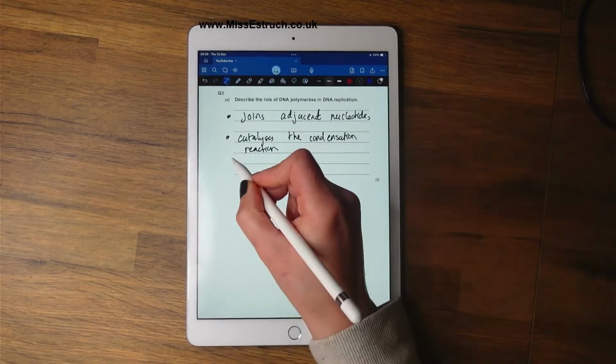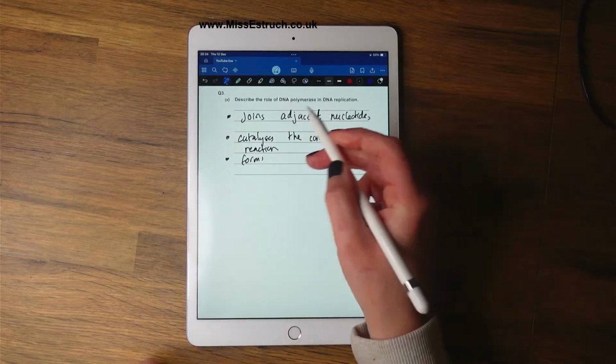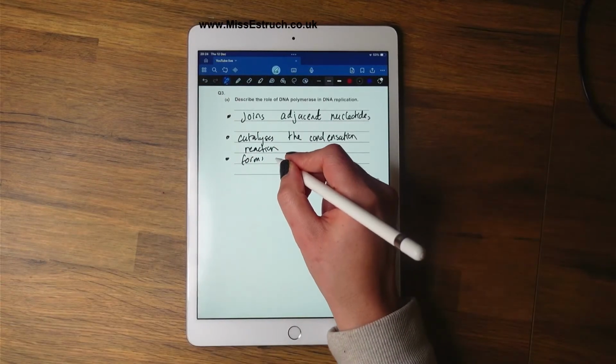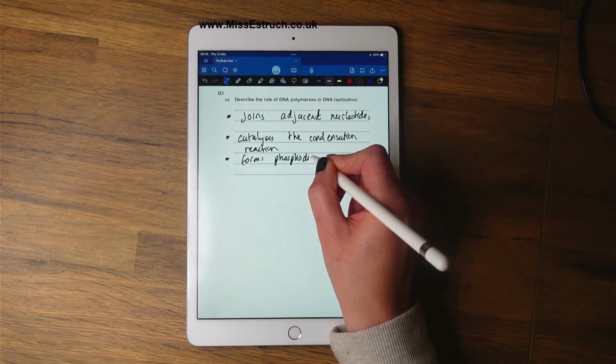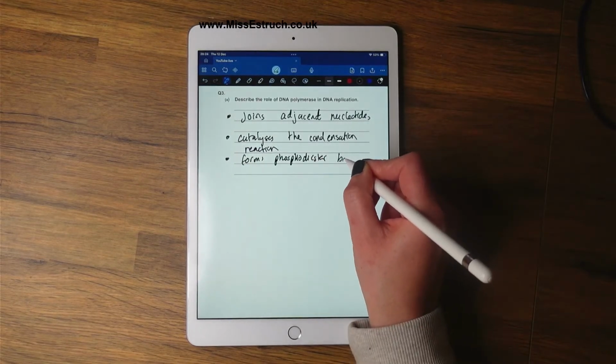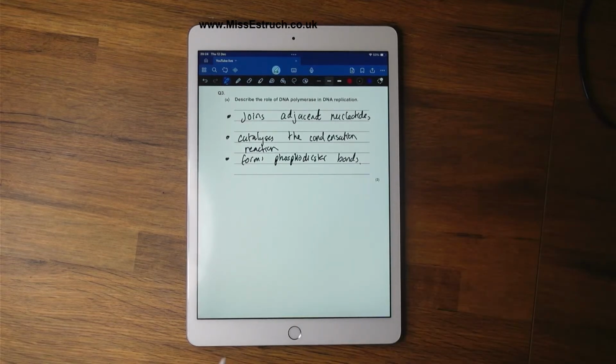And then it was 2 marks, but I'm also just going to say forms phosphodiester bonds in case they want that, that's a 1 mark and I've separated it. So forms phosphodiester bonds. There we go. And that is it.